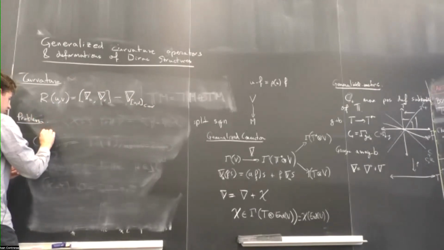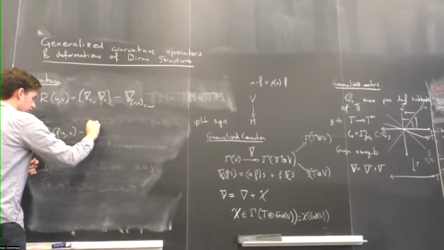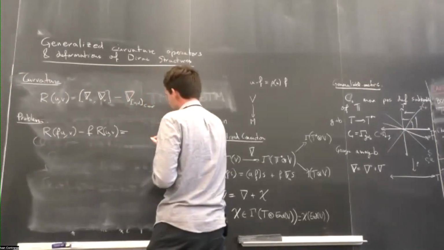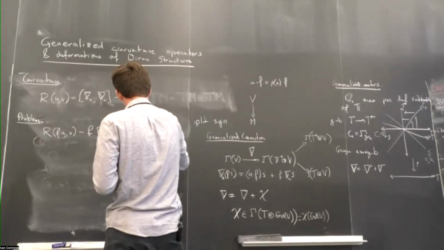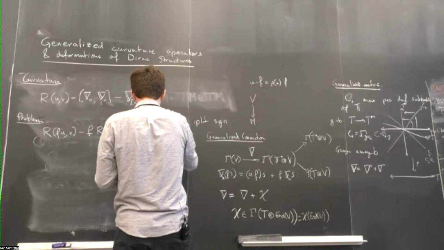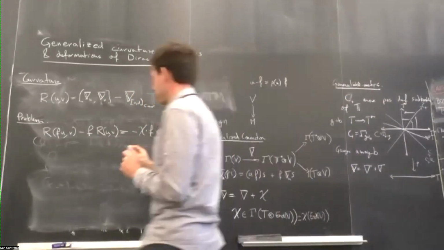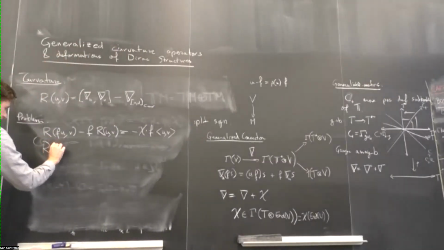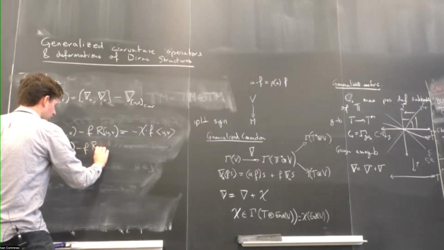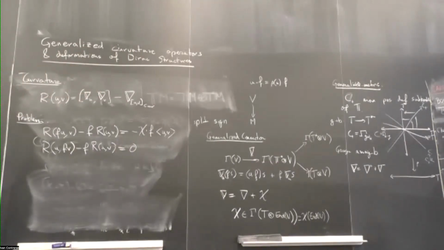This thing is not tensorial, in particular if you plug in a function, you get chi, the vector field acting on F, times this inner product of U and V. But it's not all that bad because it turns out to be tensorial in the second argument.